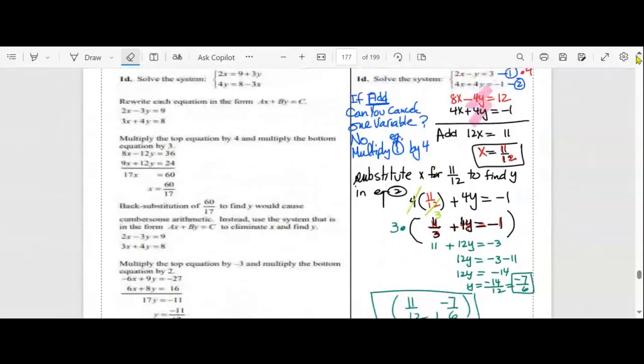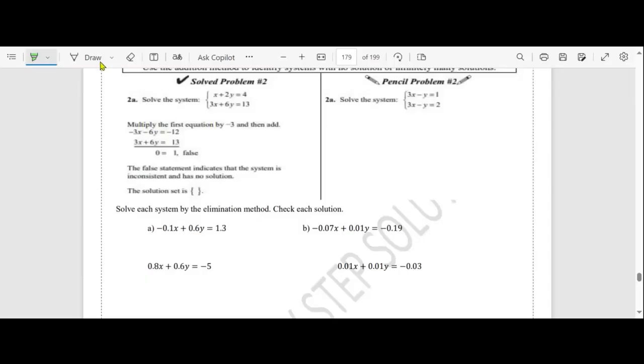Here is like this better. I have 3x minus y equal 1, 3x minus y equal 2. If I add, what is the result here if you add? Zero equal 3.